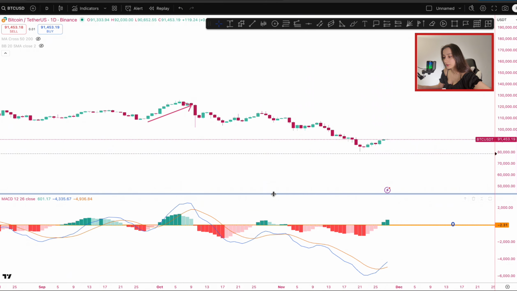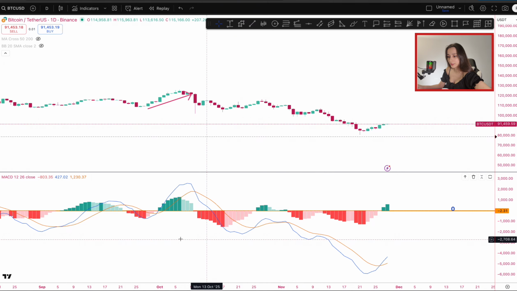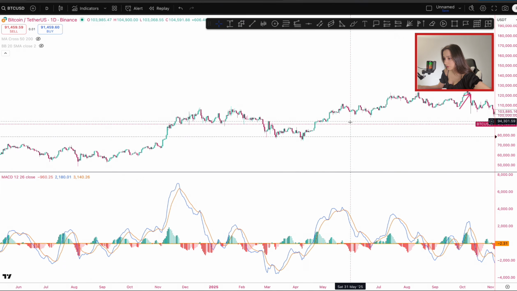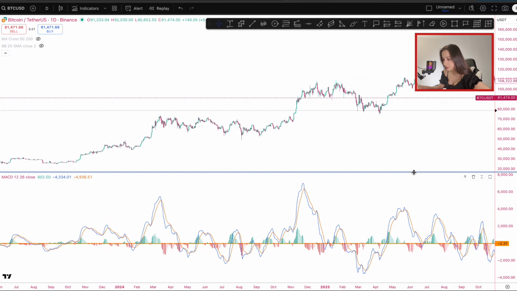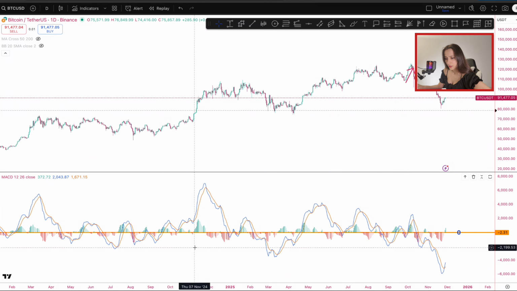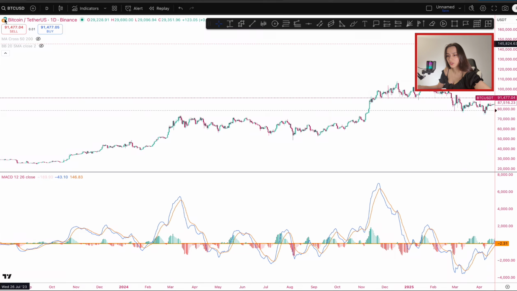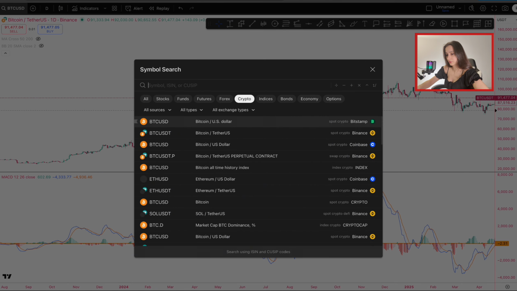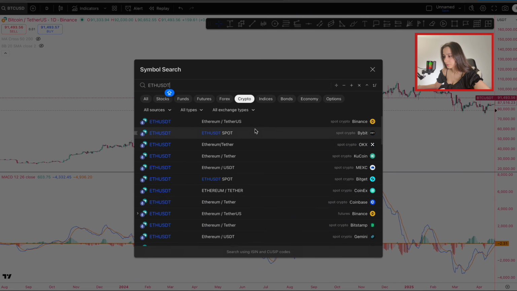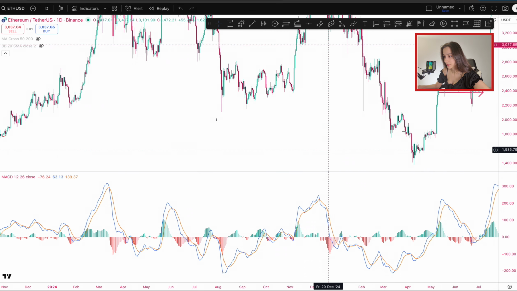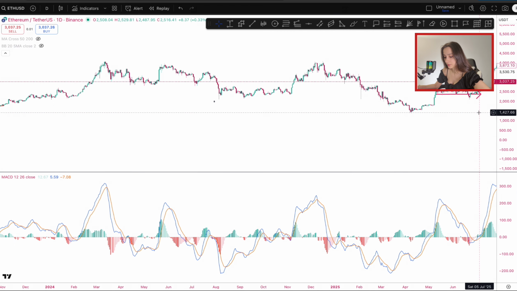And there's another different thing that I need to tell you about MACD. Let me just try to find some volatility part. I'll just change from Bitcoin and let's look at Ethereum. That might have more volatility.